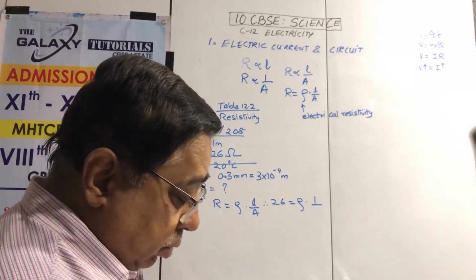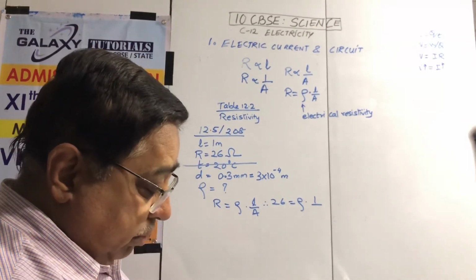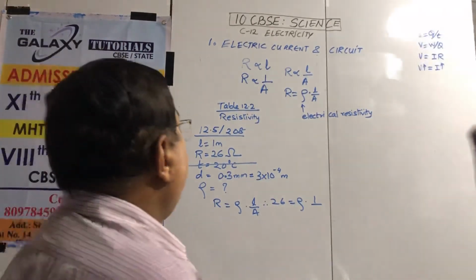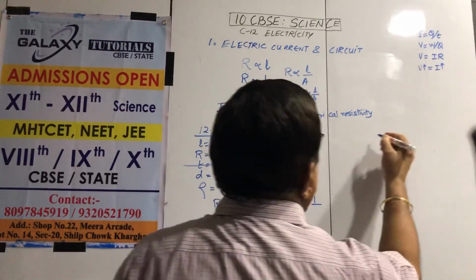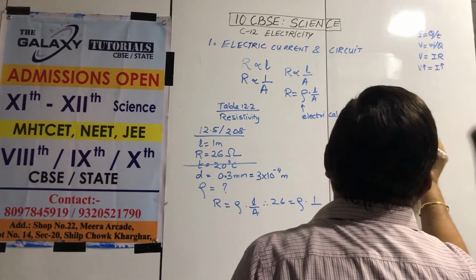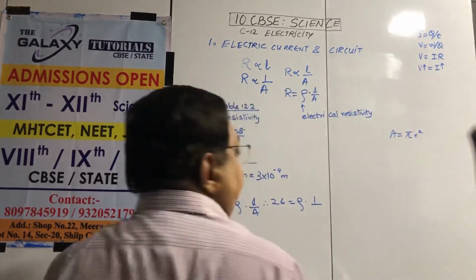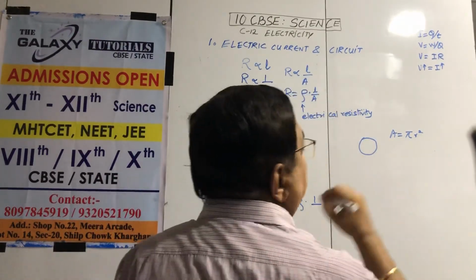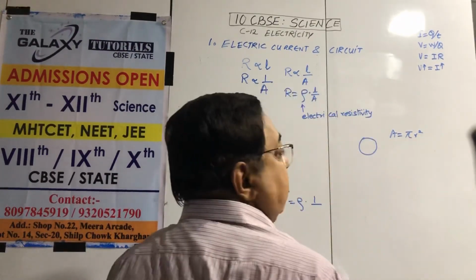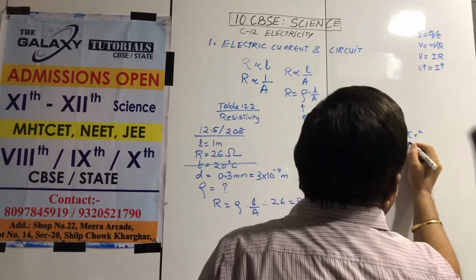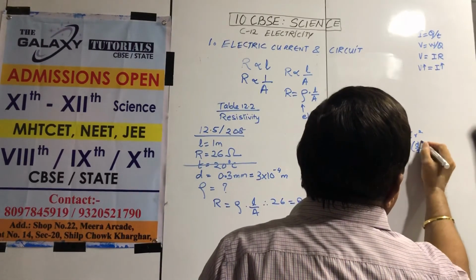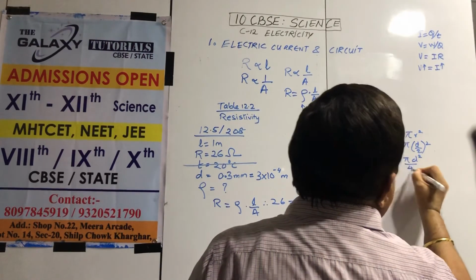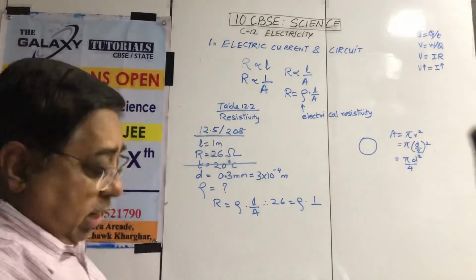In this case we will be using geometry. The area of the conductor, the wire, is a circle. So area is pi r square, that is pi into diameter upon 2 square, that is pi d square upon 4. That is how I get the area.